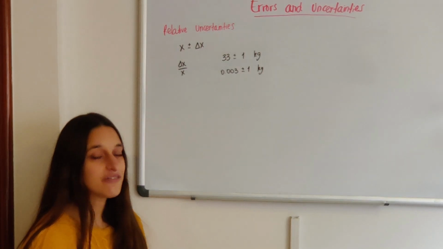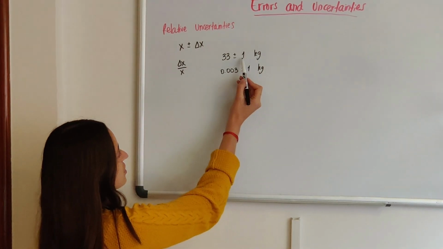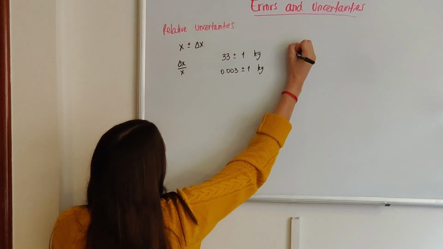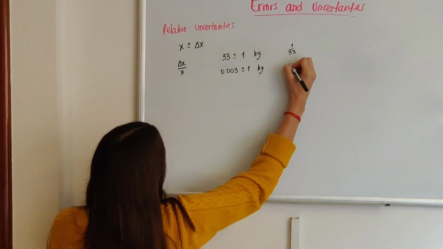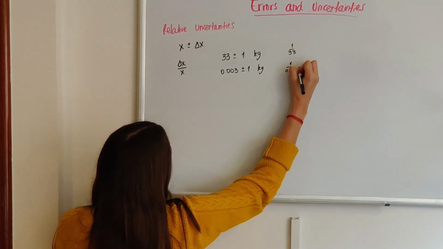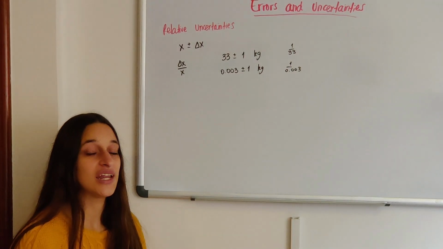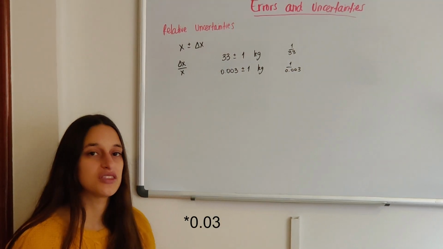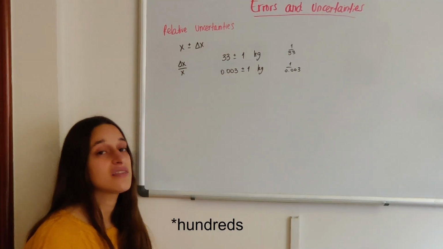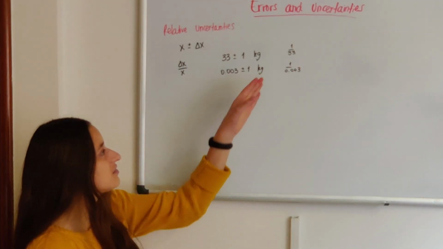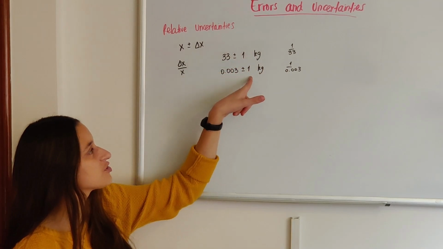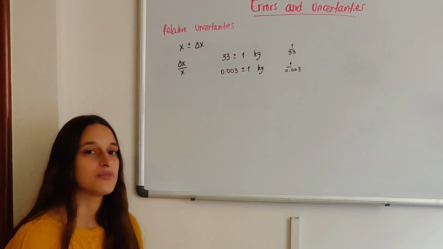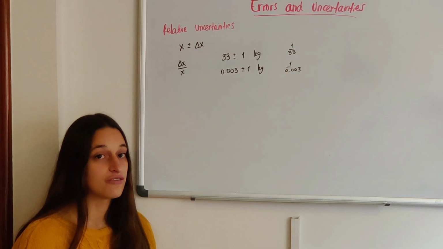However, if I divide the uncertainty by the number, here I'm going to get 1 over 33, and here I'm going to get 1 over 0.003. You can do it in your calculator and you'll notice that this number is about 0.03. But this number is in the thousands. That means that even though we had the same absolute uncertainties, the relative uncertainty of the second number is humongous compared to the relative uncertainty of the first number.